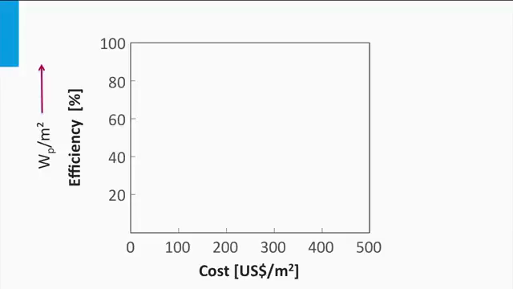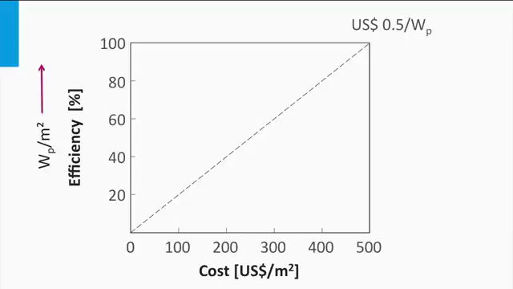For example, standard test condition for solar cells means an irradiance of 1000 watts per square meter. This means a solar cell with conversion efficiency of 10% produces under standard test conditions a power output of 100 watts per square meter. It means that the slope of the dashed line is equal to the watt per dollar, or in other words, it's reciprocally linear with the cost price per watt peak.